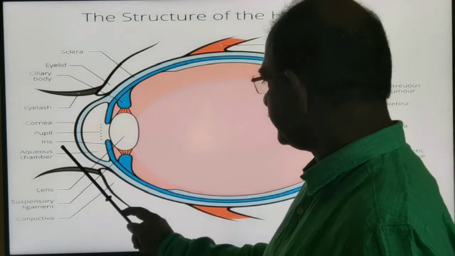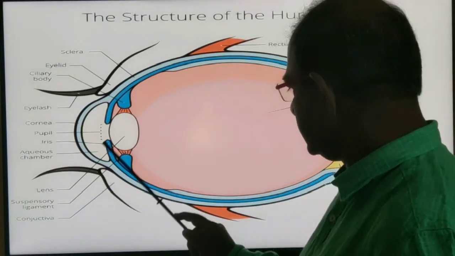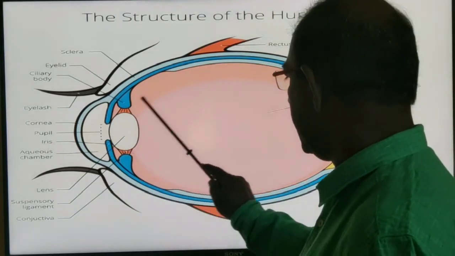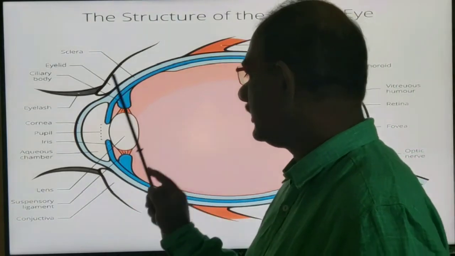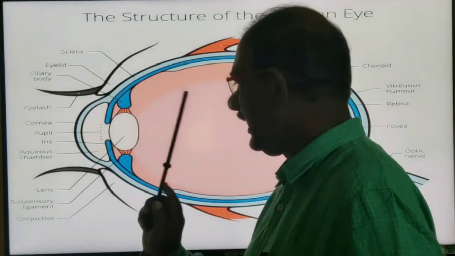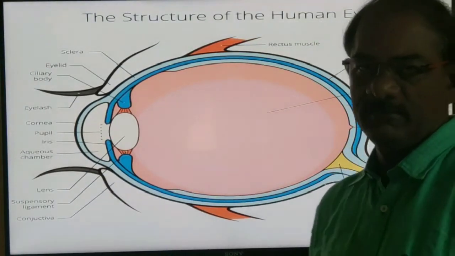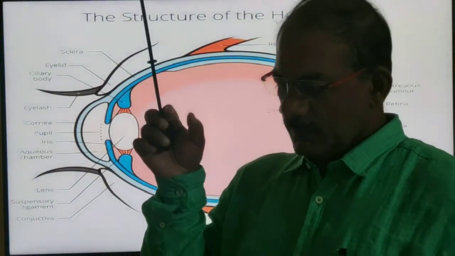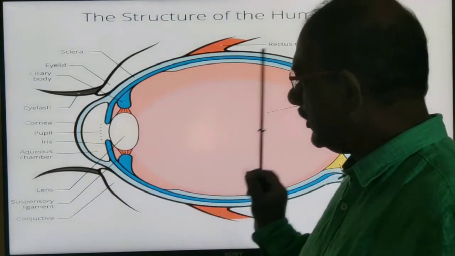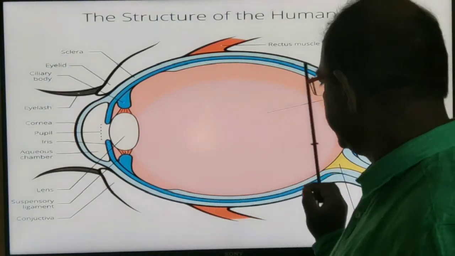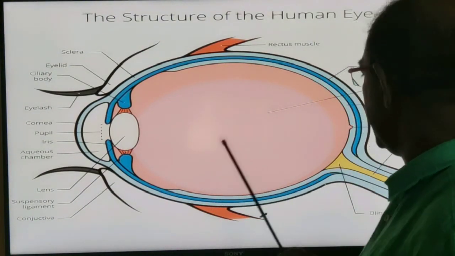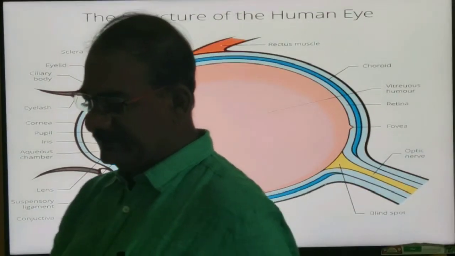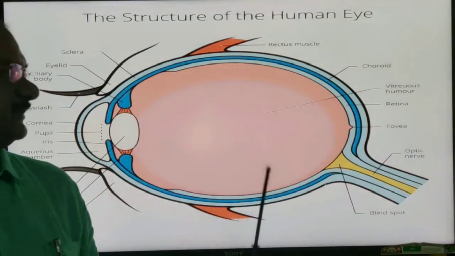then lens, vitreous chamber. That part is called the focusing part of the eye, and the other part, the retina, is called the receptor part.